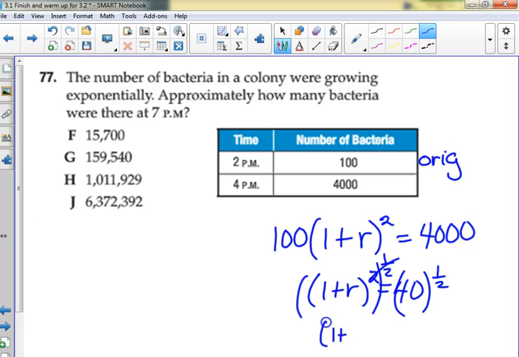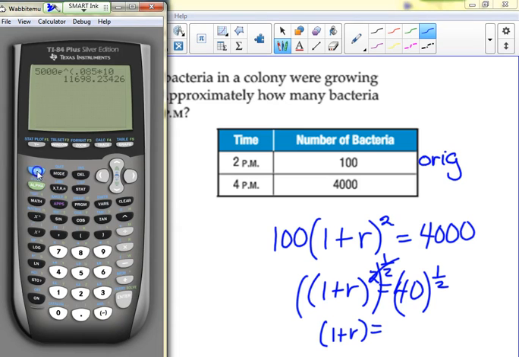So we have 1 plus r equals, you can type square root of 40 or 40 to the 1/2 power, and you don't need parentheses on your calculator. I just do because I don't have it in the right mode. You get the same answer. Everybody good? Okay. So now we have 6 point, what do we do next?